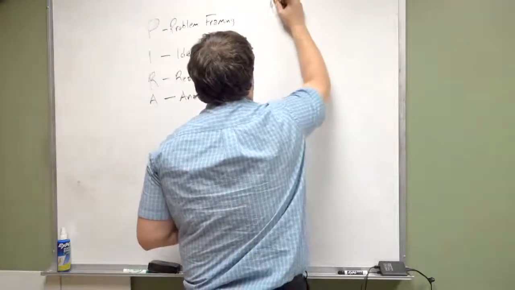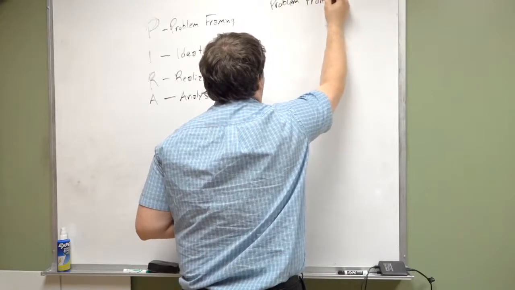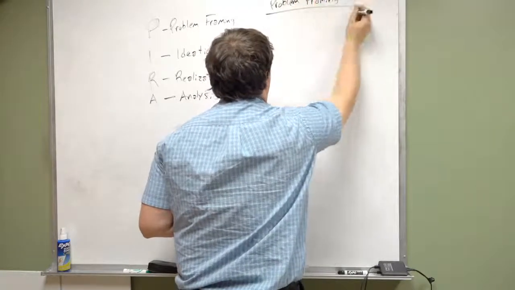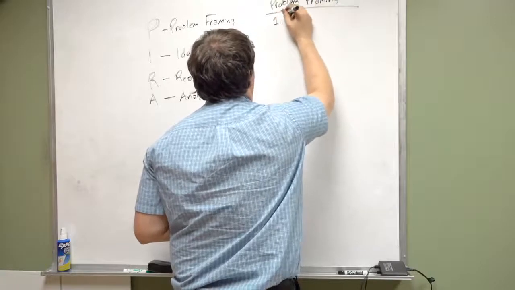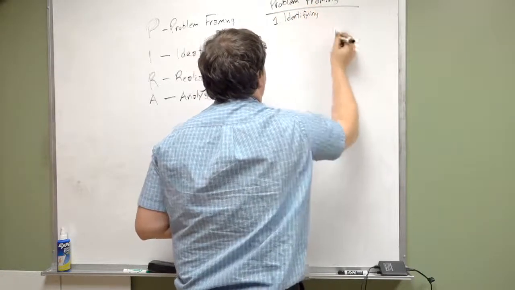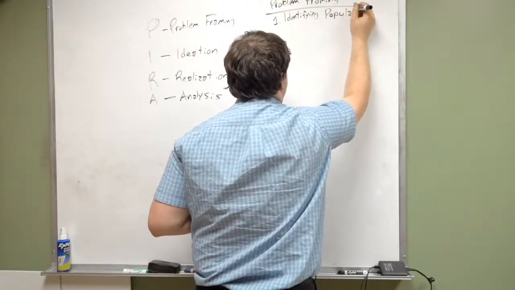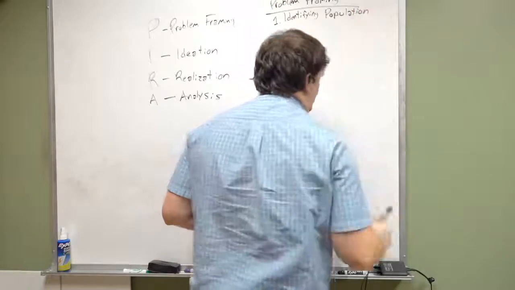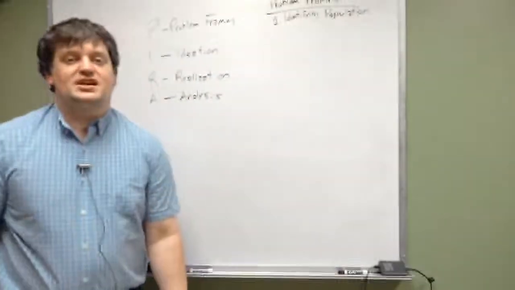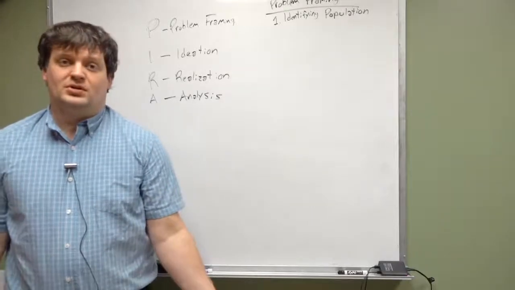So, problem framing. The steps to problem framing are: number 1, you have to identify the population. Before you even start designing, you need to know who has this problem.